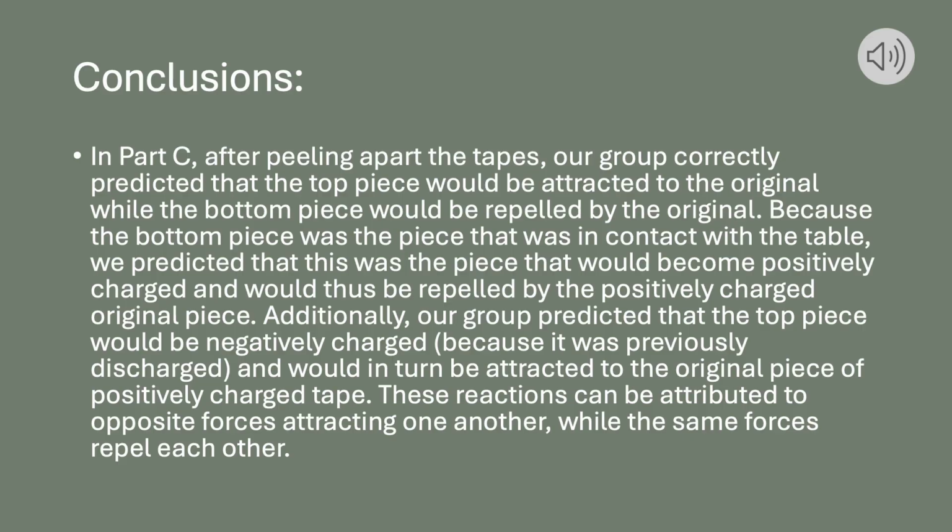Additionally, our group predicted that the top piece would be negatively charged because it was previously discharged, and would in turn be attracted to the original piece of positively charged tape. These reactions can be attributed to opposite forces attracting one another, while the same forces repel each other.